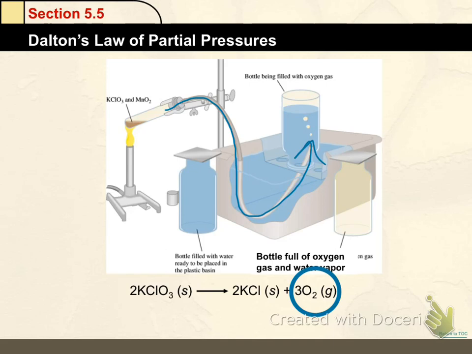So at the end of the day, how could you tell me how much gas you collected? Well, you could, but I don't want theoretical yield. I want actual yield. From the experiment, how could you tell me how much gas you produced? How much water was displaced? Yes. So initially, what you'd have to know is how much water is right here.